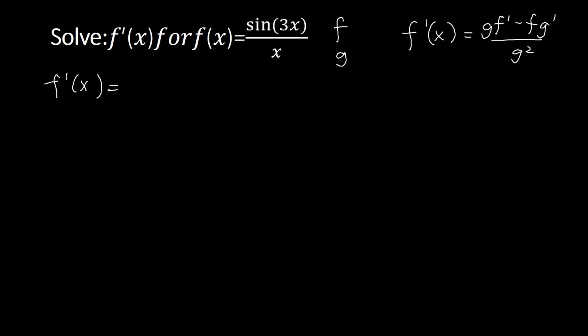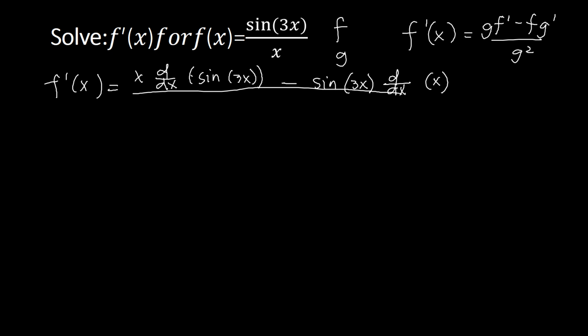So we have g, which is x, times the derivative of our f there, which is sine 3x, and then minus our f, which is sine 3x, times the derivative of our g, which is x, all over our x being squared.